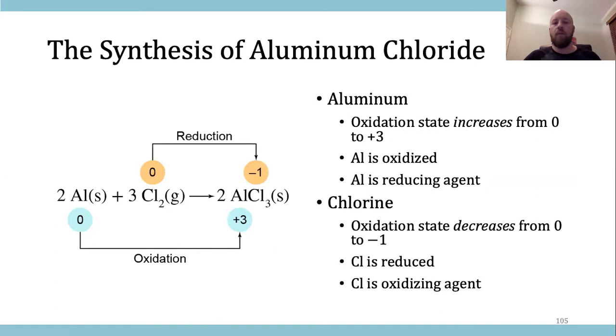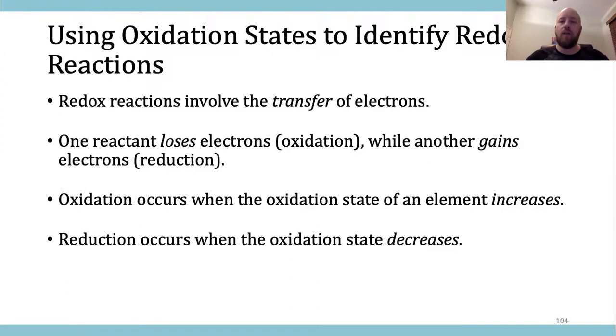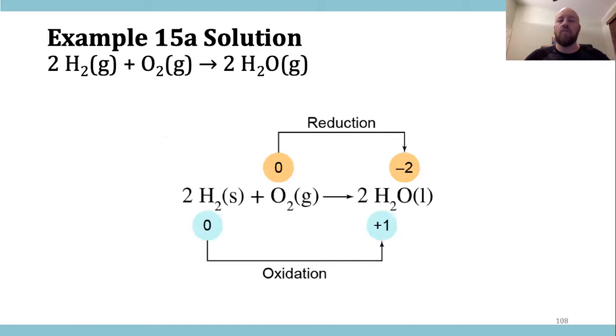But in this example with the aluminum and the chloride, you still have oxidation and reduction, but you don't have any oxygen. When we look at these kinds of problems, something to remember: oxygen does not undergo oxidation.